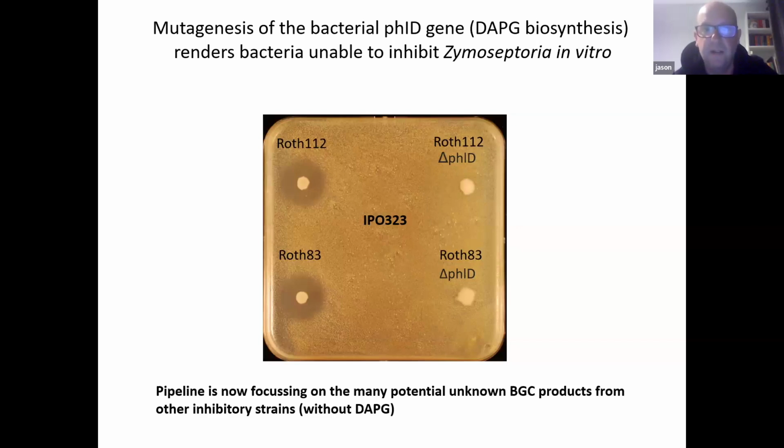They lose their ability to inhibit the fungus. So quite clearly, DAPG was the secondary metabolite produced by those bacteria that was giving such consistent control of the fungus in an in vitro assay. And our pipeline now is obviously focusing more on some of these unknown, new products that we've got from the genomic bacterial predictions.